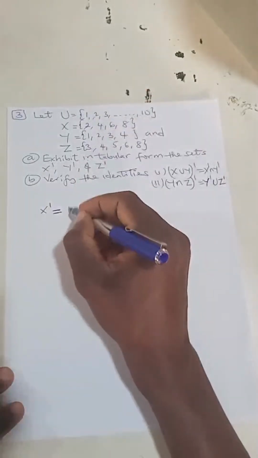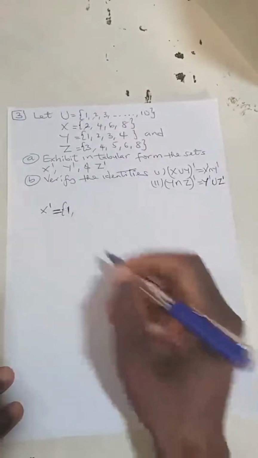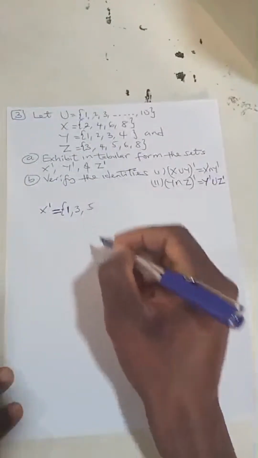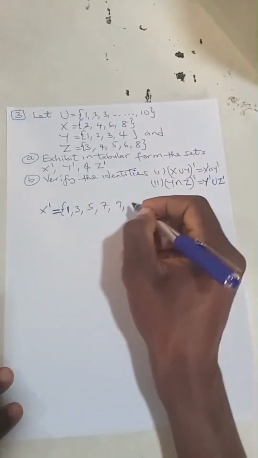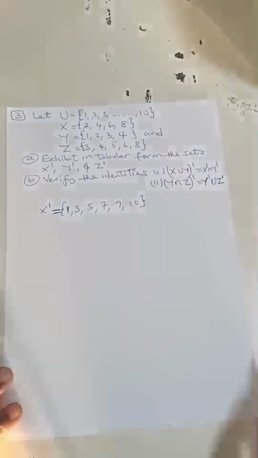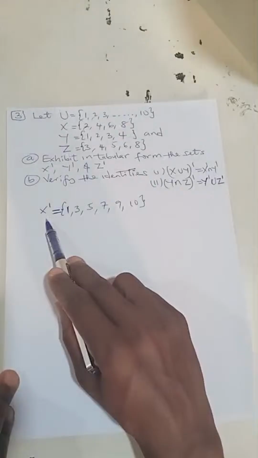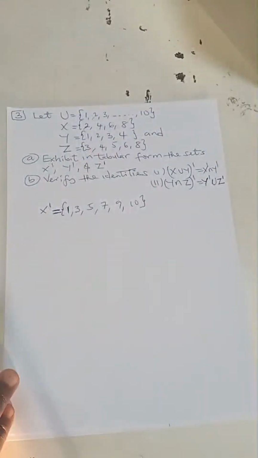So the remaining elements are what we call the complement. That'll be 1, 3, 5, 7, 9, and that'll be what? That'll be 10. That's your X complement. You're going to take all the elements in X away from the universal set.